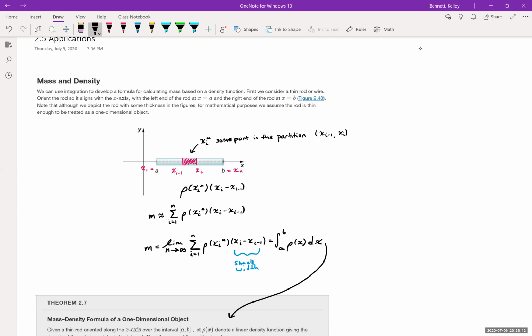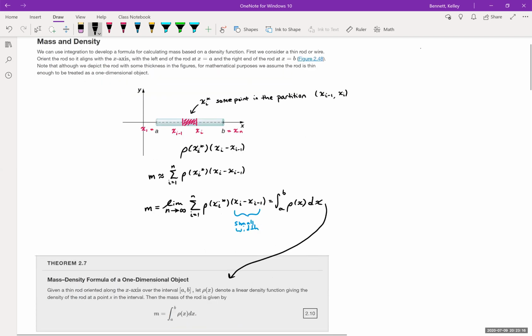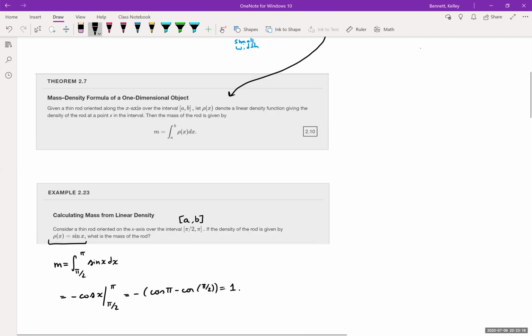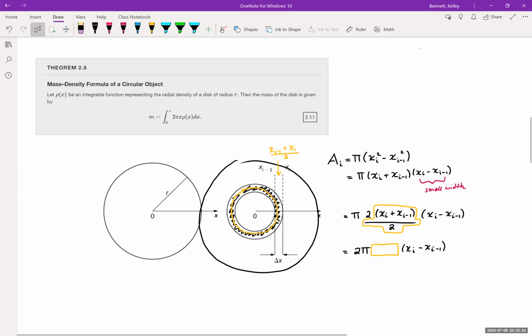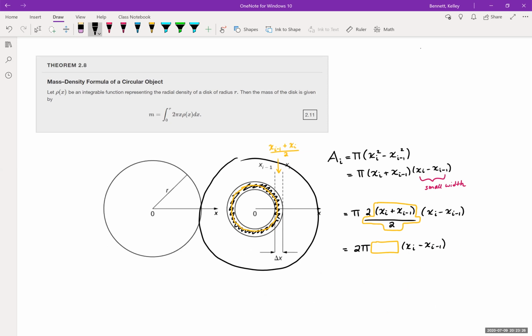We're going to use this same notation here as well. So instead of writing that it's the exact midpoint, I'm saying I don't really care that it's the midpoint, I just care that it's some point in that partition. So instead of writing this algebraic expression, I'm just going to call it x sub i star because I know that it is a point in my partition. Okay, so that's area.